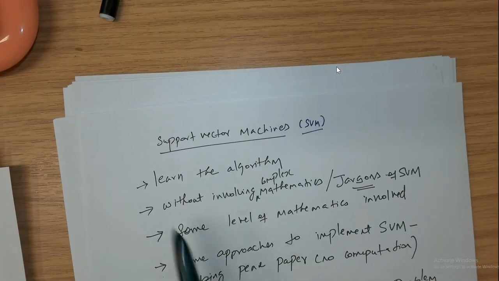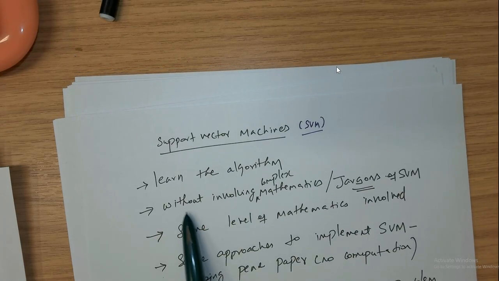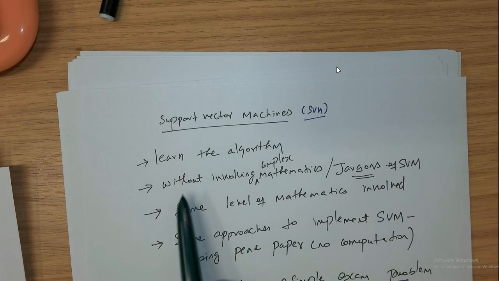So I'm going to explain the support vector machines without involving any complex mathematics. Let's see how this algorithm works, and then we will go into the jargons of SVM, or the support vector machines. So what is a support vector machine?